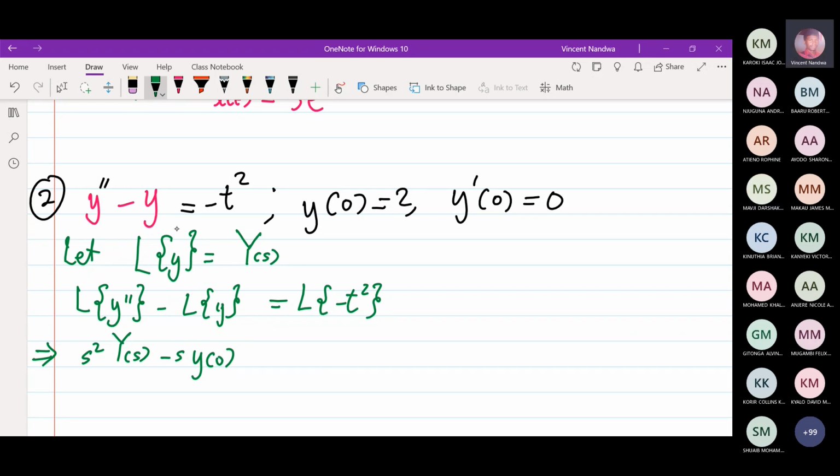Next, what is the Laplace transform of minus t squared?